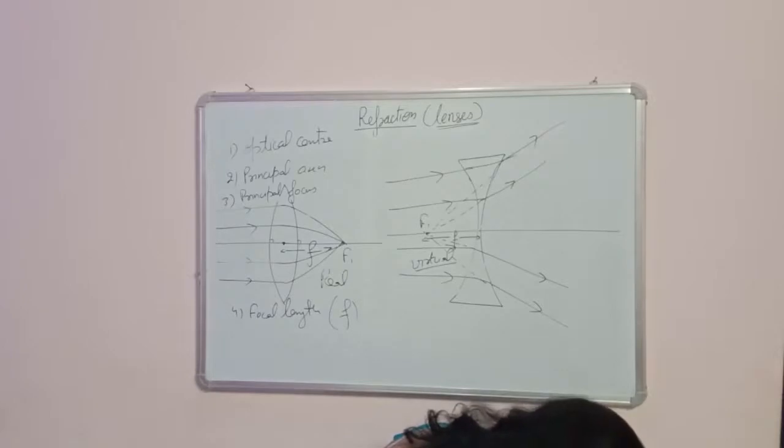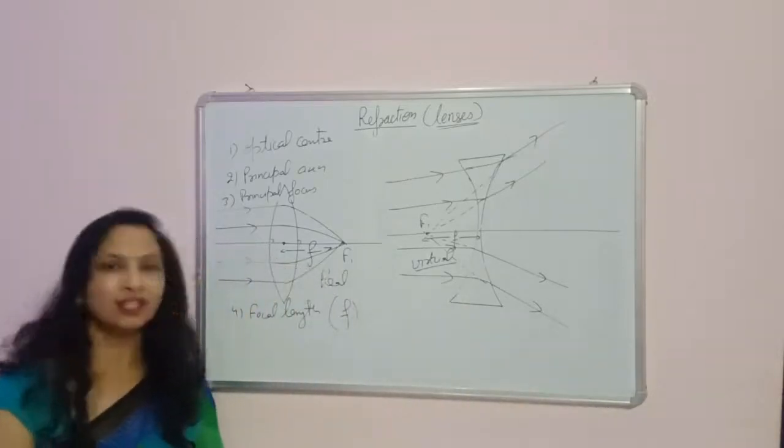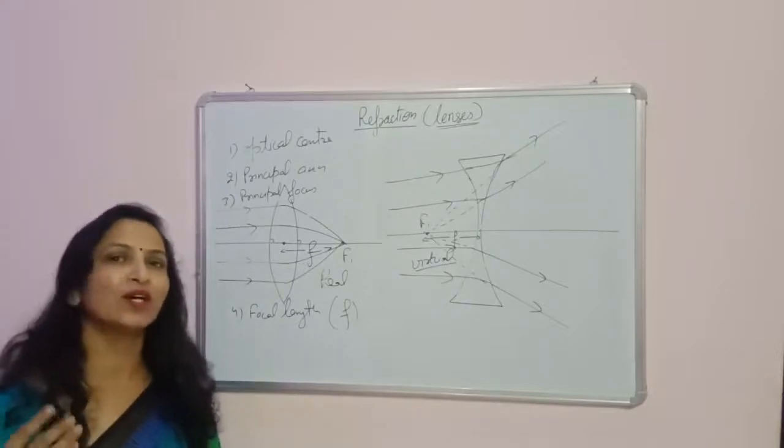So these are some definitions related to the lenses. Now I am going to tell you the rules we use for image formation by the convex lens.